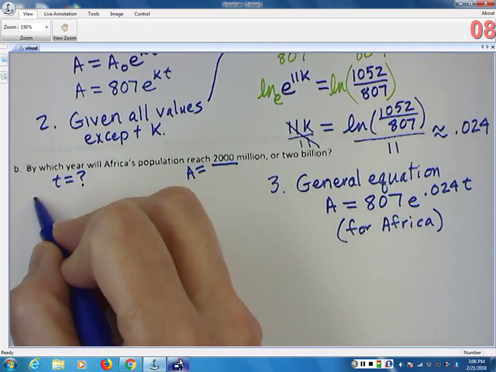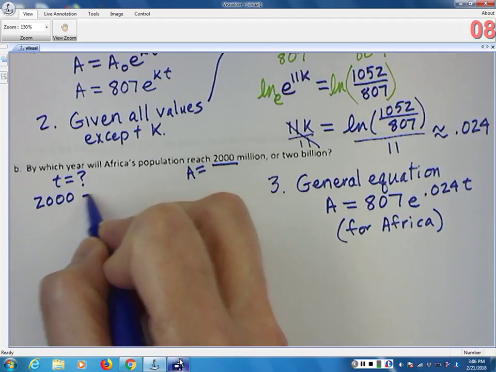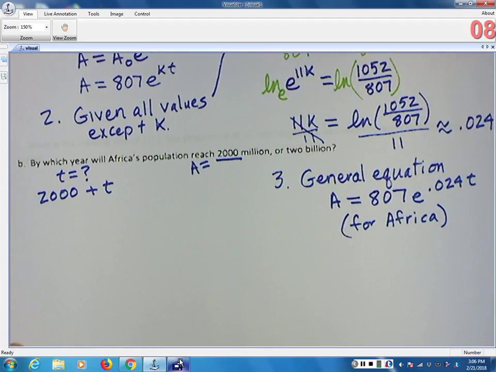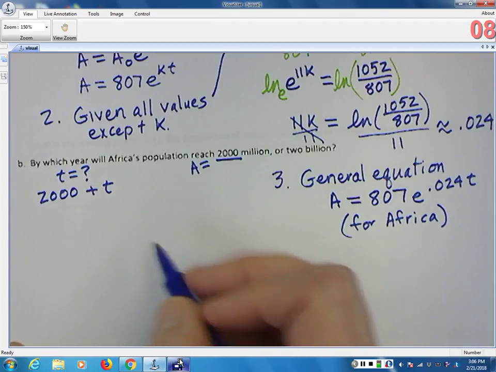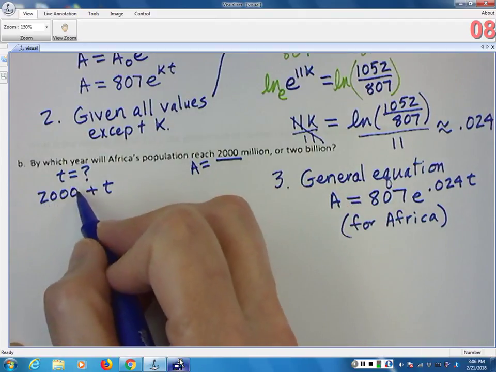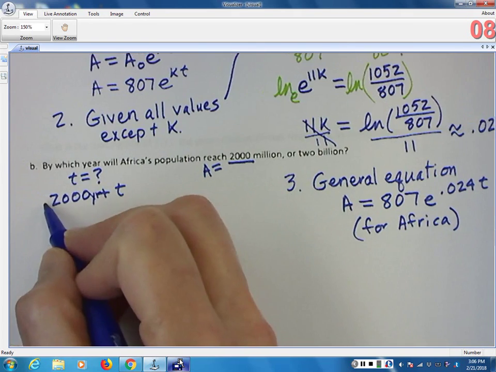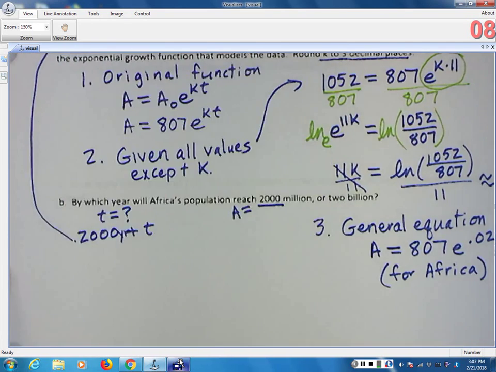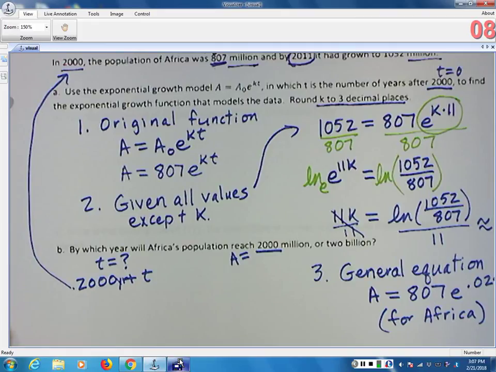The year will be 2000 plus t because we started at 2000. So here's our equation. We set that 2,000 is the year because we started in 2000 up there. Okay, there's a couple 2000s here.